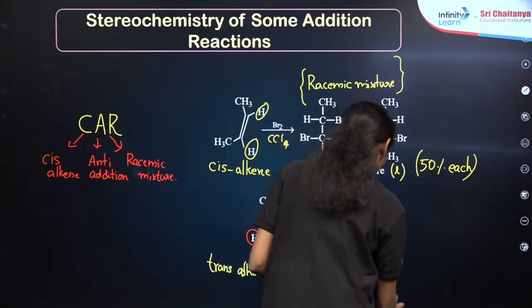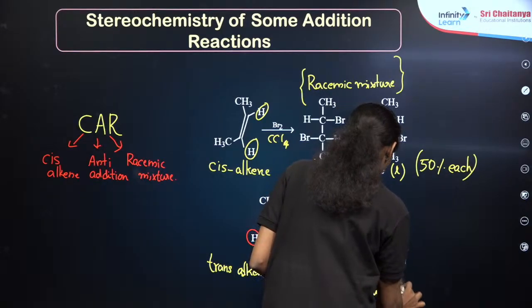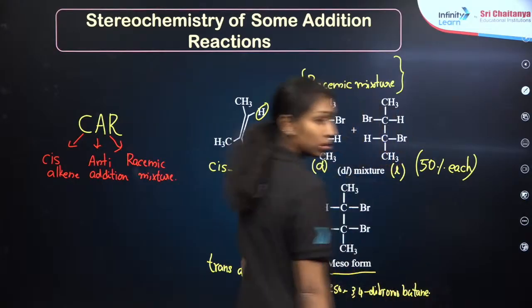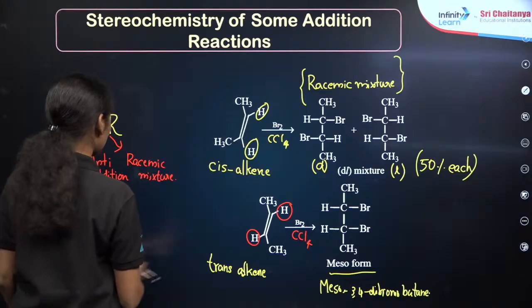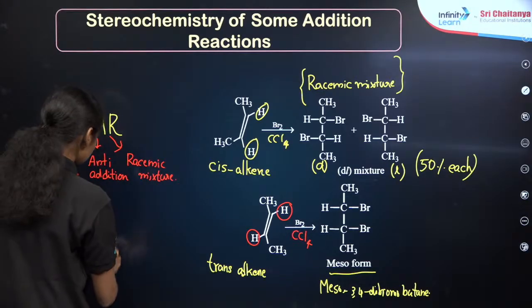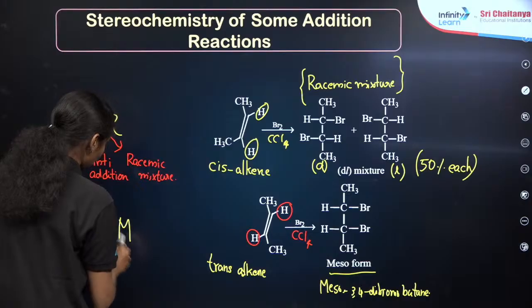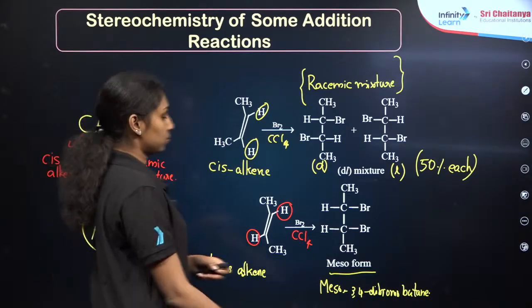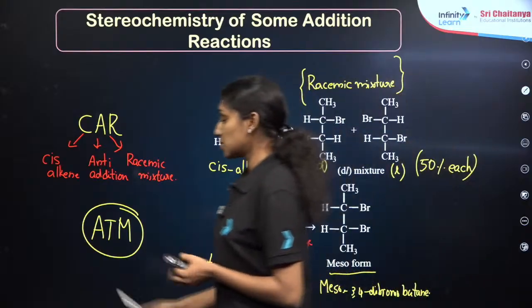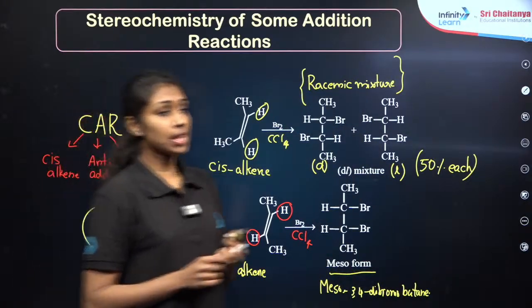This is meso 3,4-dibromobutane, right? Similarly, anti-addition of trans alkene gives the meso form. Clear? Here A stands for anti-addition, T stands for trans alkene, M stands for meso form.